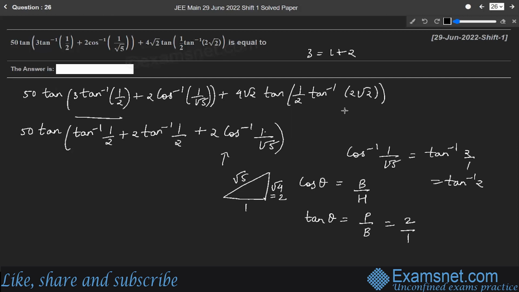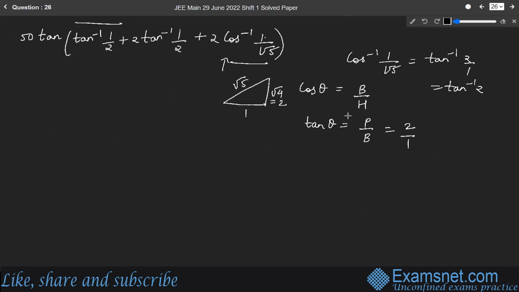All right, so in place of cos inverse 1/√5, we can write tan inverse 2. So it will be 50 tan(tan inverse 1/2 + 2 tan inverse 1/2 + 2 tan inverse 2).